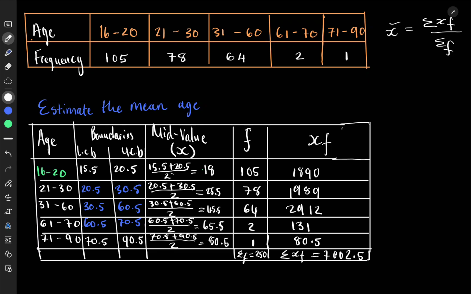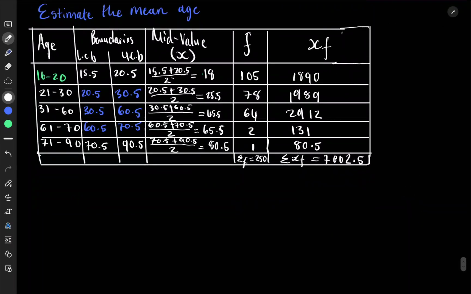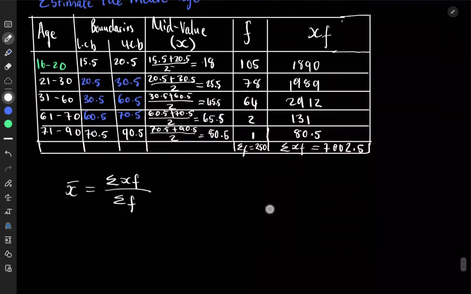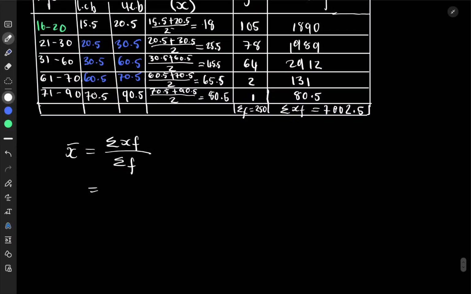Now we can say x bar is equal to summation of xf over the summation of f, which we got from our formula booklet. So what's the summation of xf? We've got it down already. It's 7,002.5 over, what's the summation of f? We got it as 250. So now I'll say divided by 250.